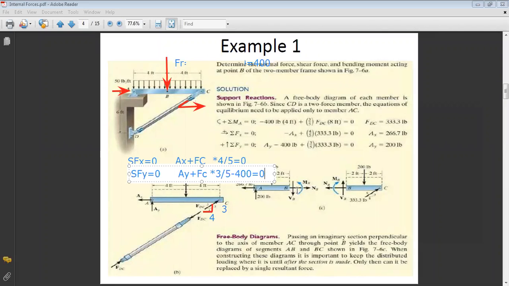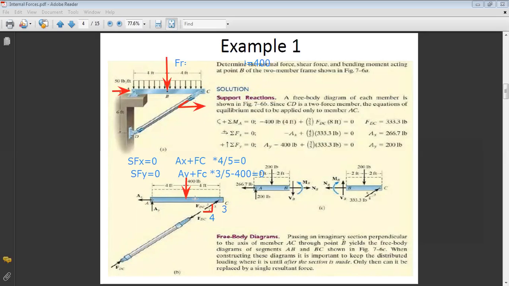Okay. Now, I can give you a certain hint here. If you want to calculate AY and FCY in a simple way, who will tell me what you can say? In the y direction you have a symmetry for the distributed load, because look, your force is just at the middle. The 400 lb force is just at the middle of your beam.